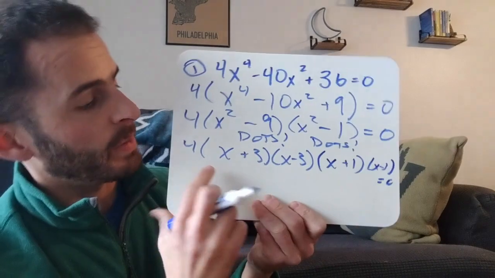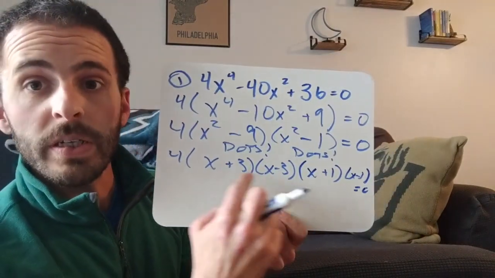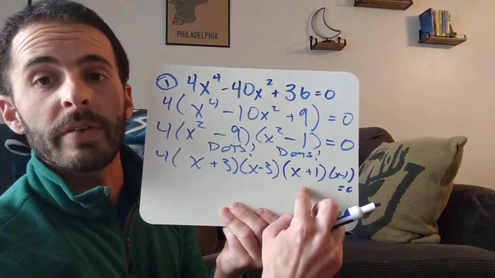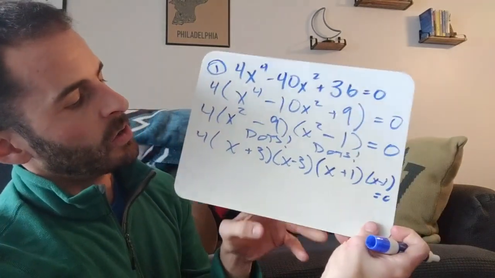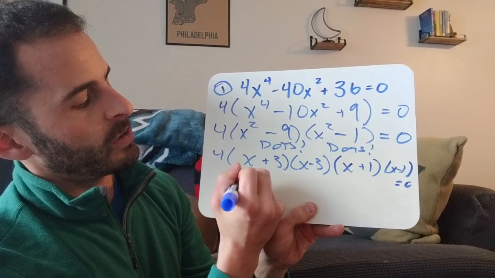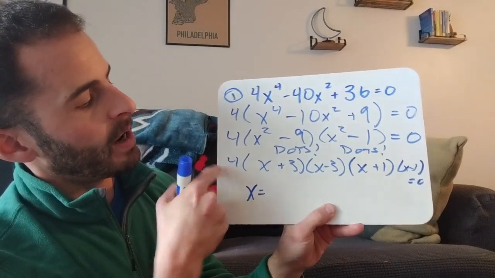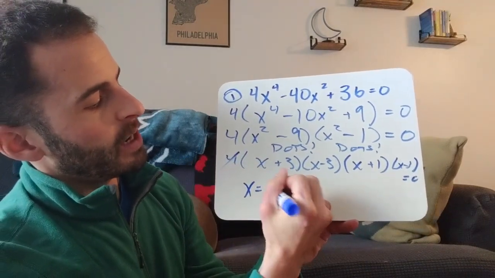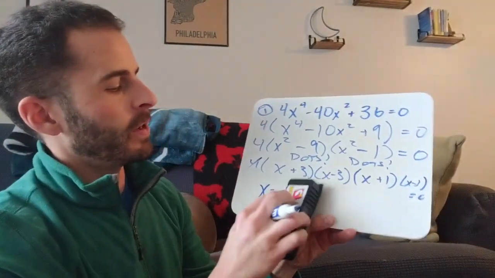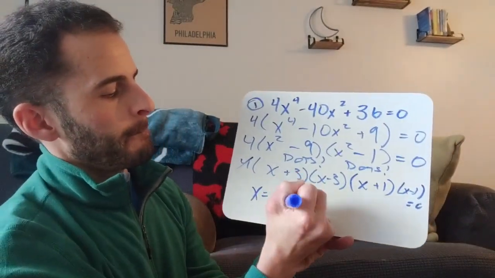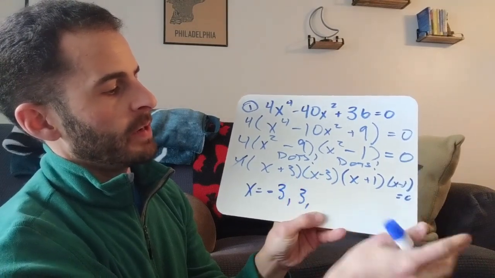All right, so I know that's messy, but 4 times the quantity of x plus 3 times the quantity of x minus 3 times the quantity of x plus 1 times the quantity of x minus 1, and now I'm down to x's, so all I need to do is change the sign. So to solve this, I don't care about the 4. Change the sign here, so that's a negative 3. Let me write that clearer for you. Change the sign, positive 3.